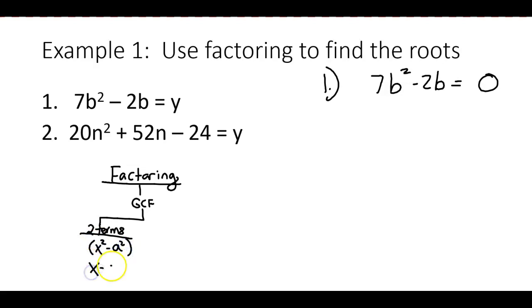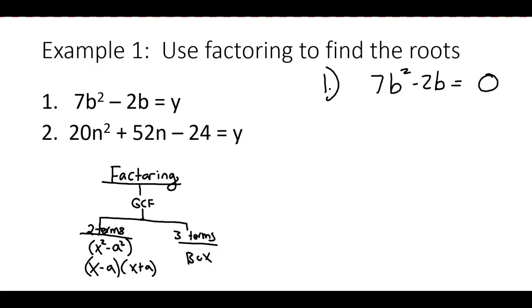In that case, you would do x minus a, x plus a. If there's 3 terms, you can use the box method. Okay. I'll pause there in case you guys want to write.